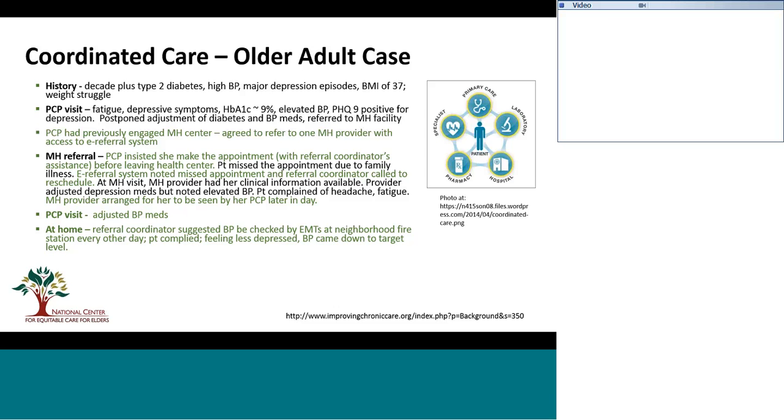In this coordinated care example, one of the significant changes is that the PCP, who had recognized that she had patients who had depression, had previously engaged with this mental health center, and had developed a relationship with one of the providers and agreed to refer to this particular provider and to provide them with access to an e-referral system.